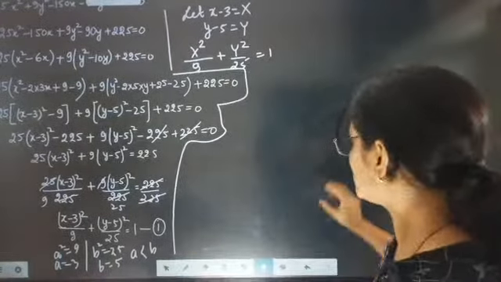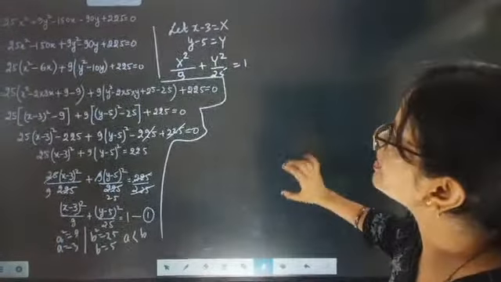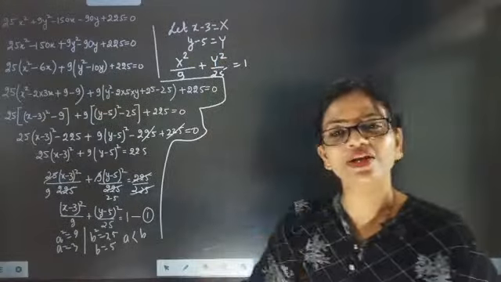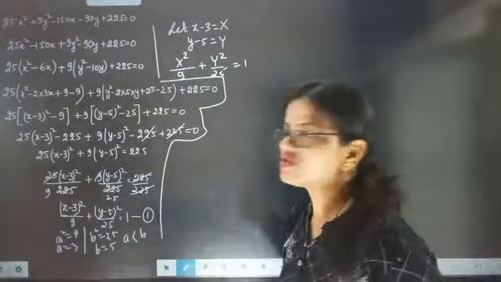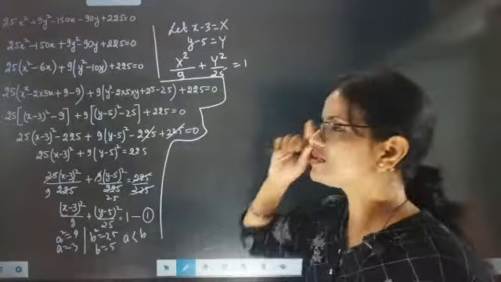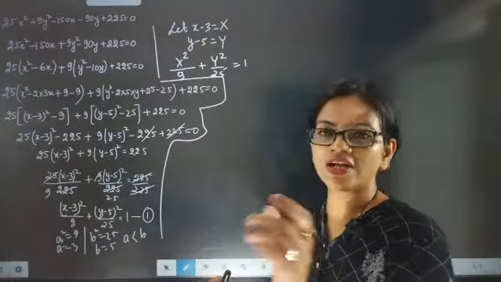So now the center point will be coming what, beta? Because now you will make x minus 3 equal to 0 and y minus 5 equal to 0. So we are shifting the origin to 3, 5.